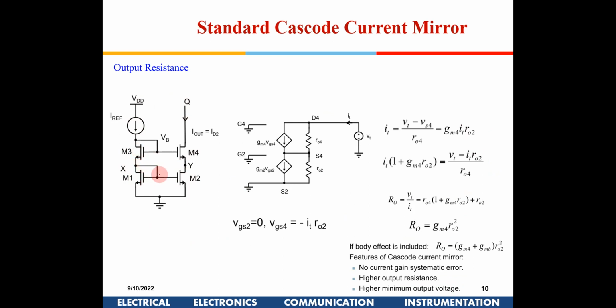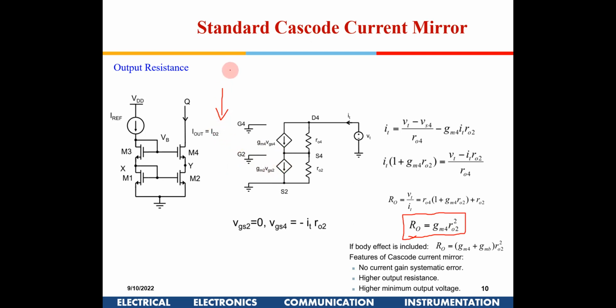When you do it like this, there are two distinct advantages. One advantage is that when you are looking from the top, this derivation we did in the last class, so I'm not going to repeat it. It is GM4 R0 square, so you see a huge impedance.